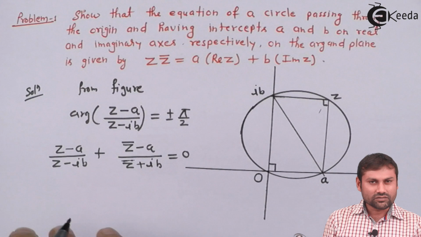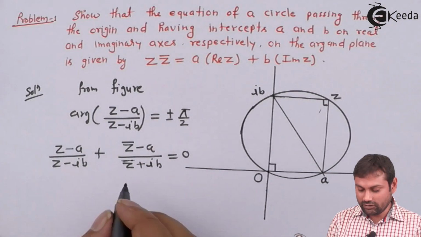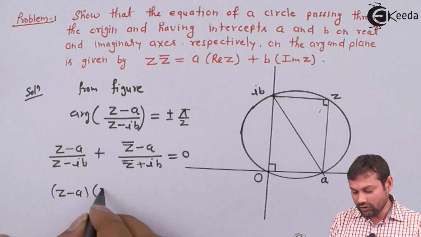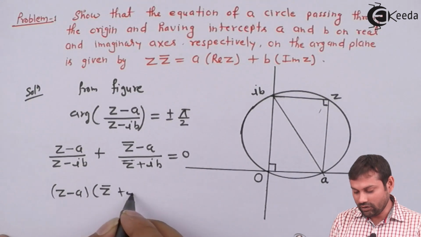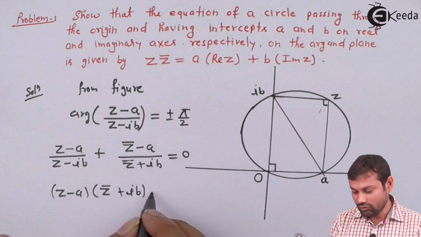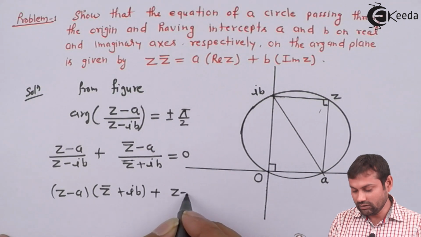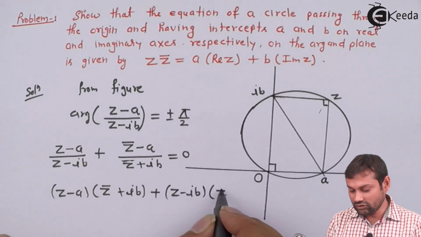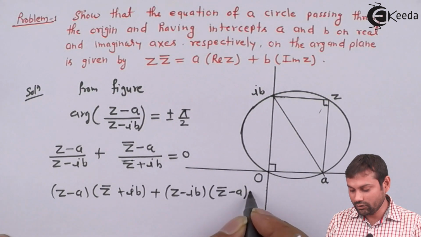Now solve this equation by cross multiplication. So (z minus A) into (z bar plus iB) plus (z minus iB) into (z bar minus A) equals 0.